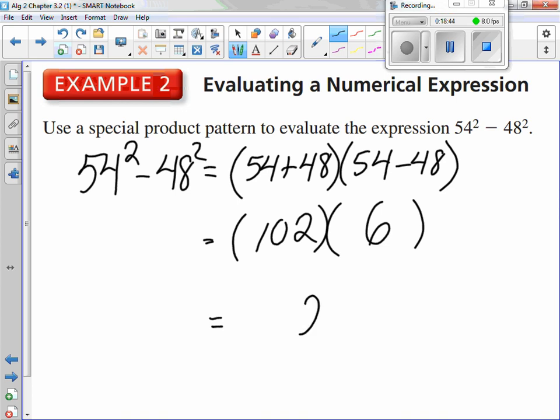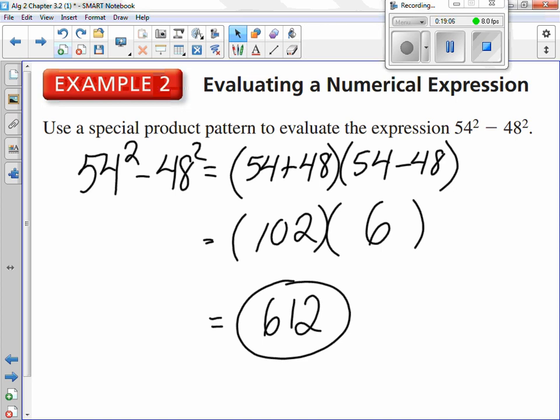At this point, we can multiply them together, carry the 1. And we'd see the 54 squared minus 48 squared would give us 612. Does anybody see an easier way to solve this than doing this step here?